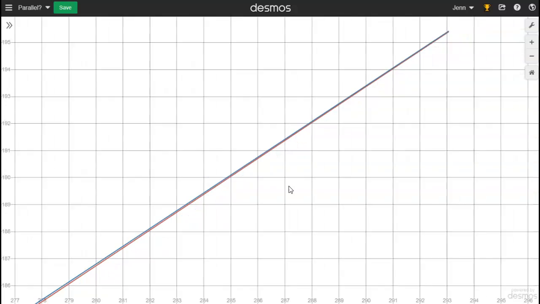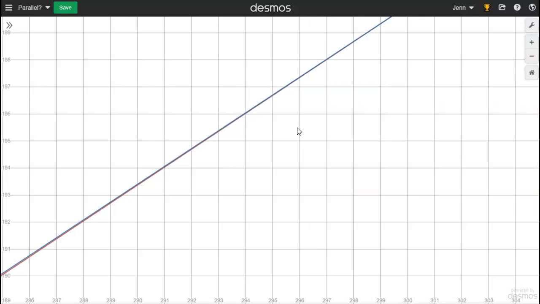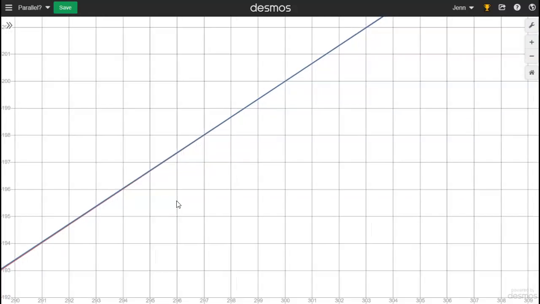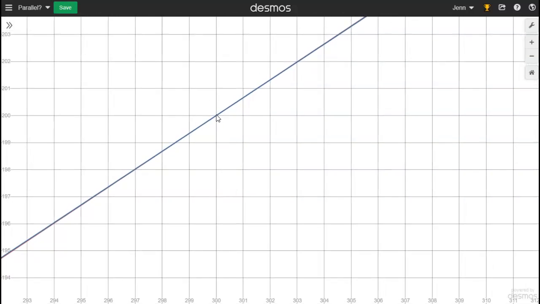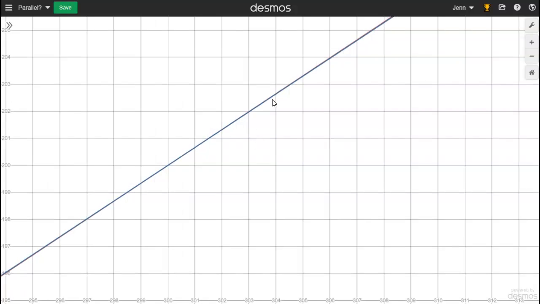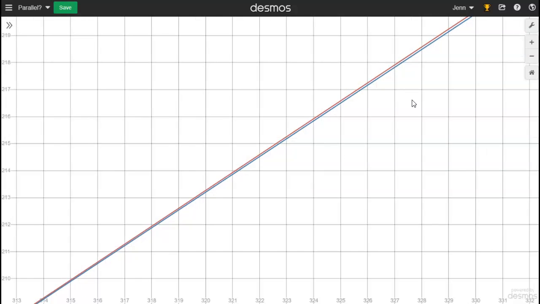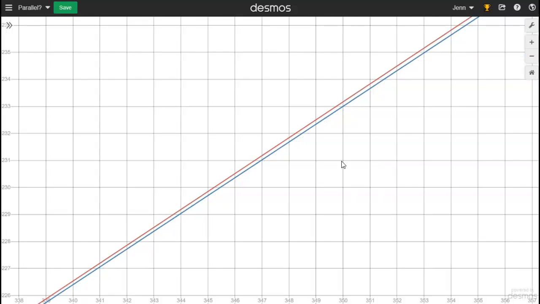But if they get closer together, that means we're going to find a solution. They're going to cross at some point. Look at that right there. That's right where they cross. 300, 200. And now that red line is going to go on top. They actually did intersect.